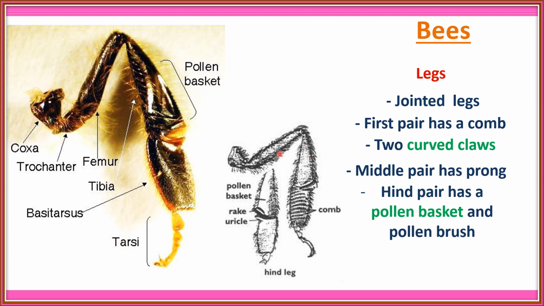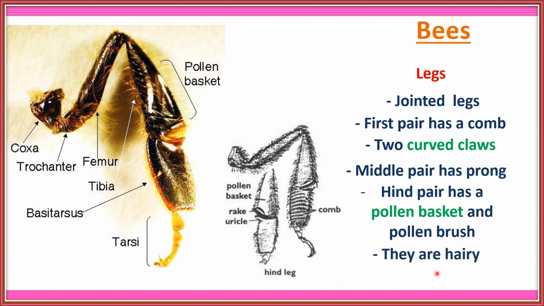So this one you will see has a pollen basket, and then it also has racks, which are pollen brushes. When you look at it, it has a coxa, trochanter, femur, tibia, and tarsus.